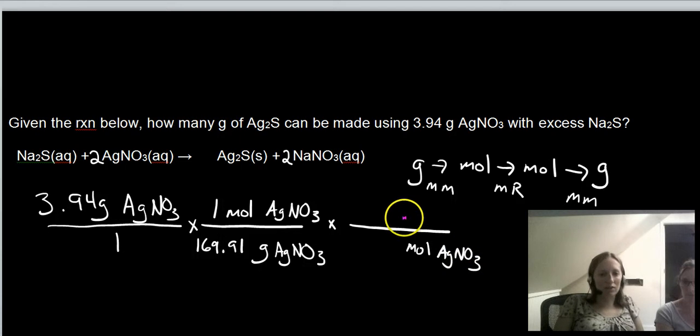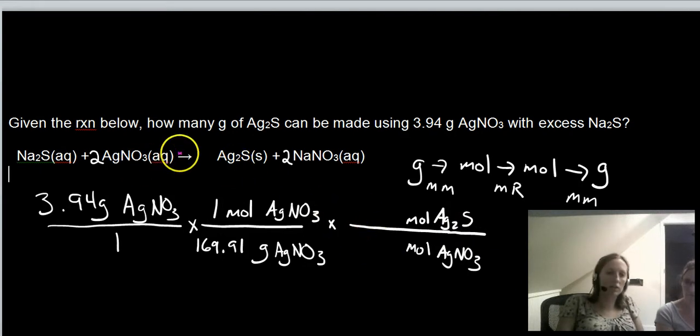And we need to get to moles of the other compound, being silver sulfide. Do we have to write the whole unit out? Yes. All right, that's the relationship between these two compounds, is that every time you use 2 moles of this, you get 1 mole of this. So that's 2 moles of silver nitrate, resulting in 1 mole of silver sulfide.